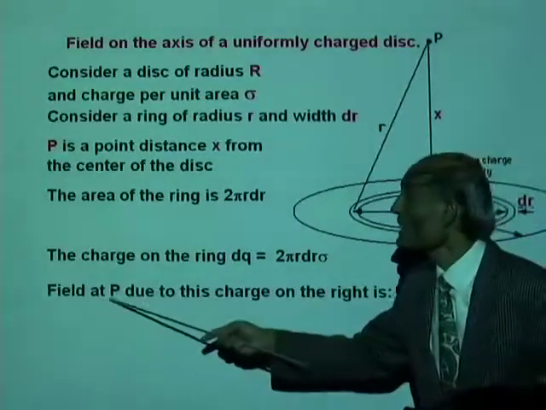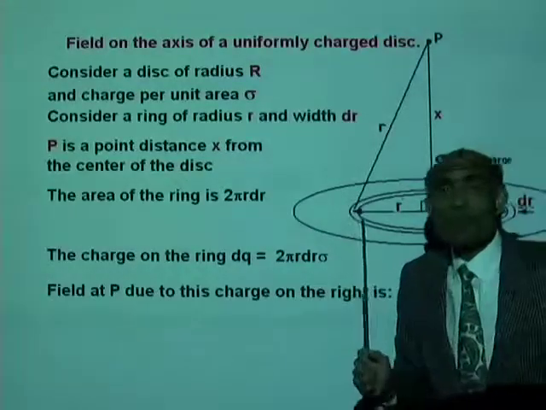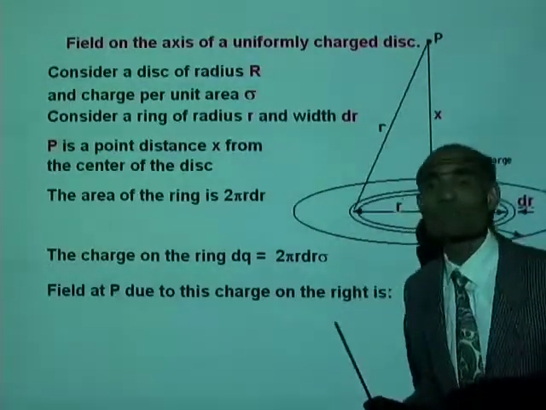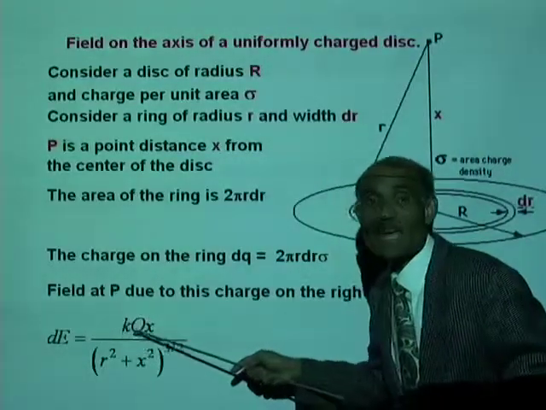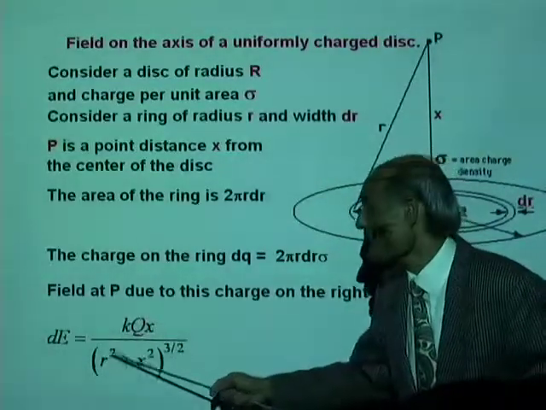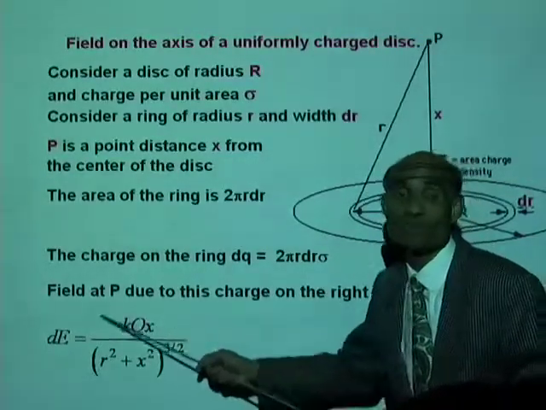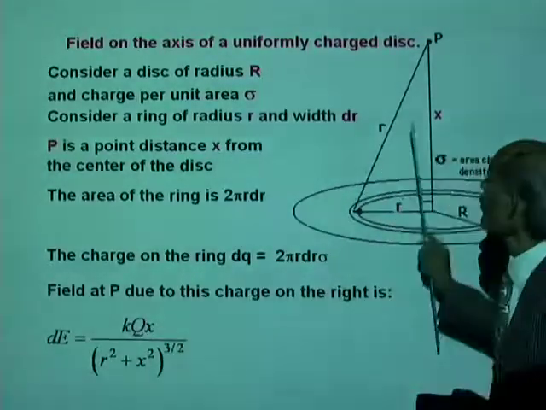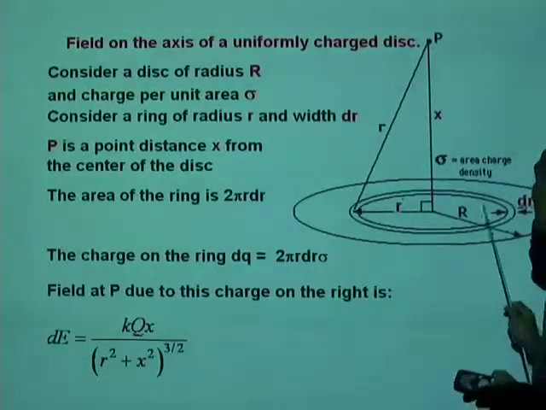And now, the field at P due to this charge, we're going to import the formula we derived in the previous case, is dE equal to kqx over (r squared plus x squared) to the power of 3 over 2. This is the formula for the field at P due to a ring charge.